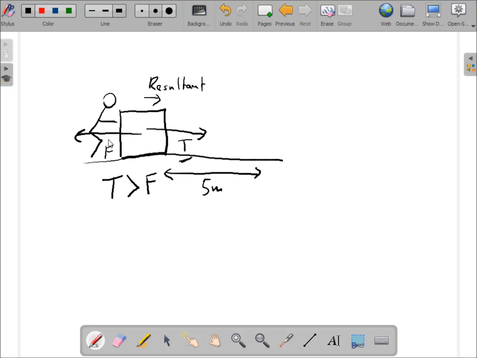Say that the force of friction was 10. We'd have to have a minimum of 10 newtons from T to overcome that force of friction. So the work done in moving this box from here to here, if T was 10 newtons, would be work done equals the force 10 newtons times the distance moved 5 meters, which gives us our 50 joules of energy transferred.